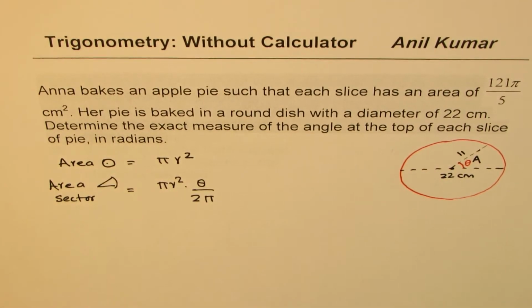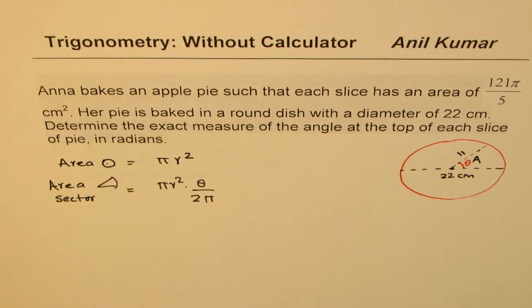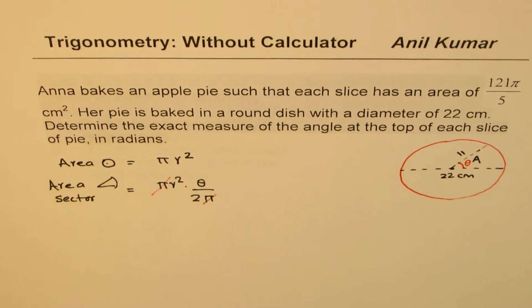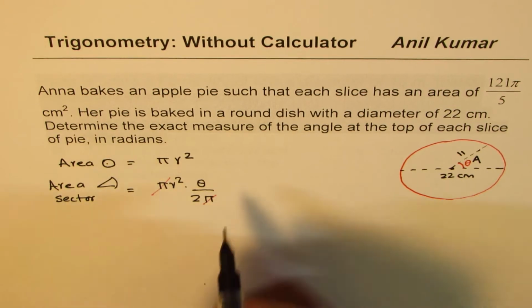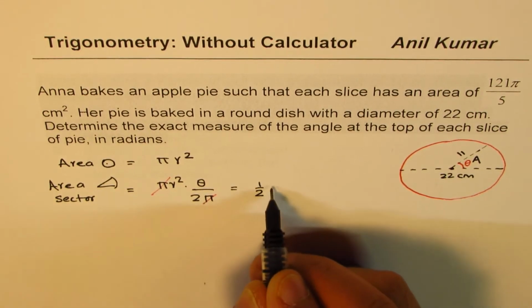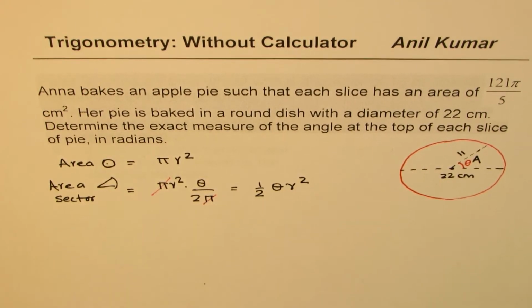So that becomes the formula for area. If you don't remember the formula, this is a good way of doing it. Now you could always simplify this, cancelling pi. Now the angle is in radians, which we need, right? Angle in radians. So we get this as half theta r square. So that's the area of a sector formula.